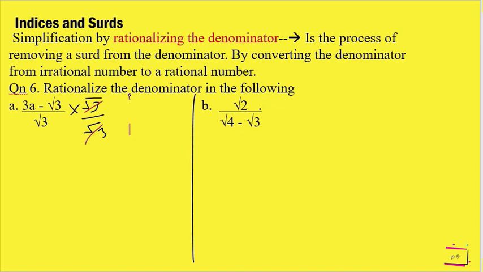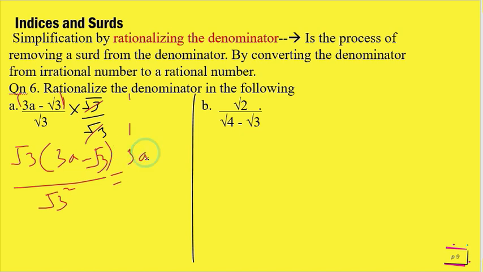Now multiplying everything, in the numerator you will get root 3 multiplied by 3a minus root 3, and the denominator will be root 3 squared. So we will get something of this nature: 3a root 3 minus root 3 times root 3, which is just 3, over root 3 squared, which is just 3.